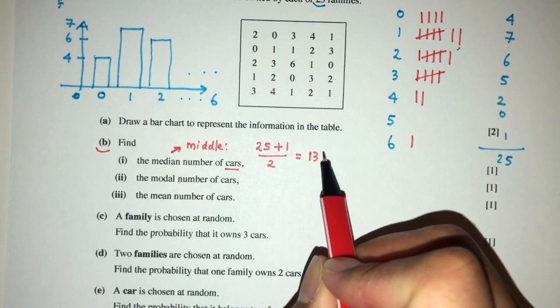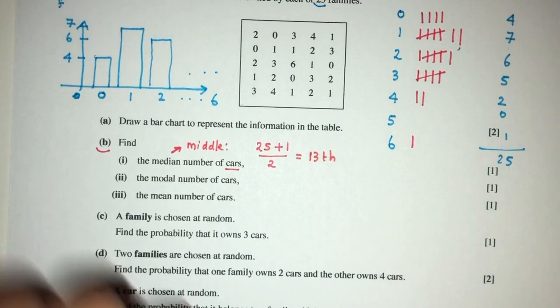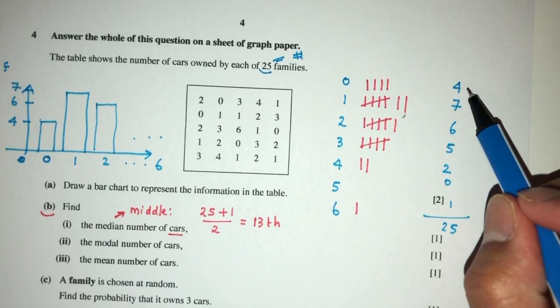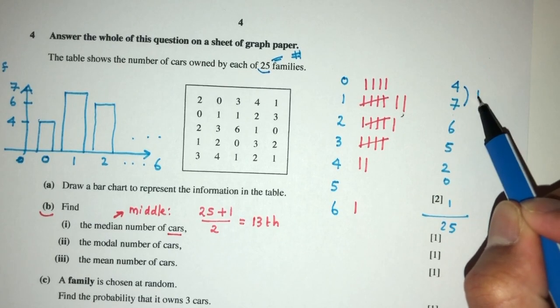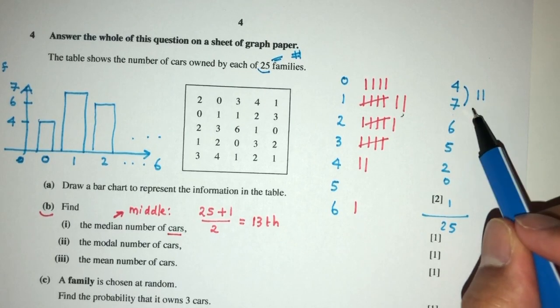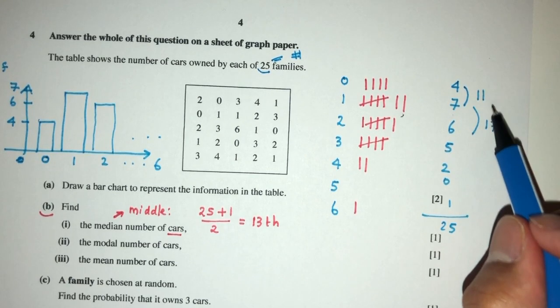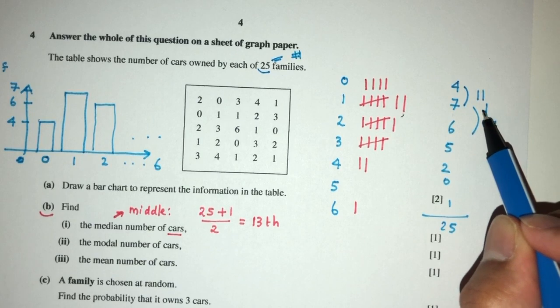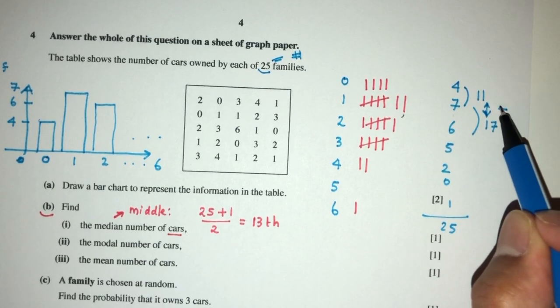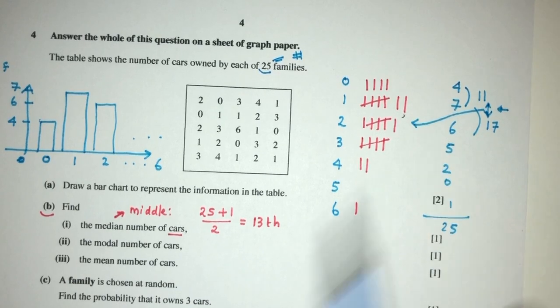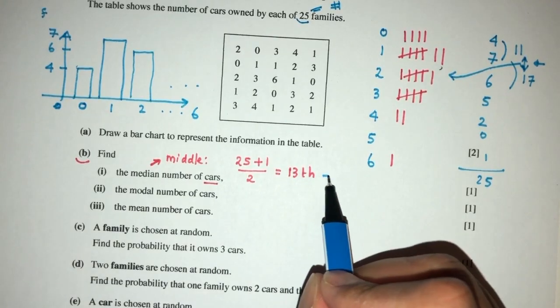So we have to find where the 13th element is located. We start from 0, obviously, that is 4, plus this, that will be 11. 11 plus 6 will be 17. So we can see from 11 to 17, the 13th element has to be somewhere over here, which means it has to be the value of 2. So the median has to be 2.